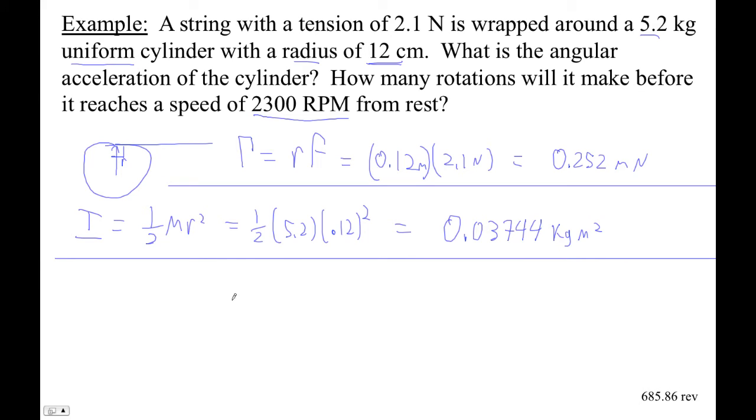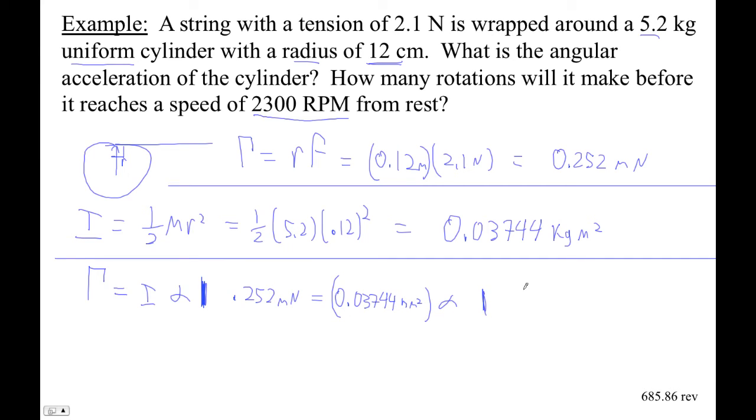All right. So now the next thing we're going to do is use the torque as I alpha. So now we're to the crux of the problem. Torque is I alpha, so 0.252 meter newtons is equal to 0.03744 kilogram meters squared times alpha.